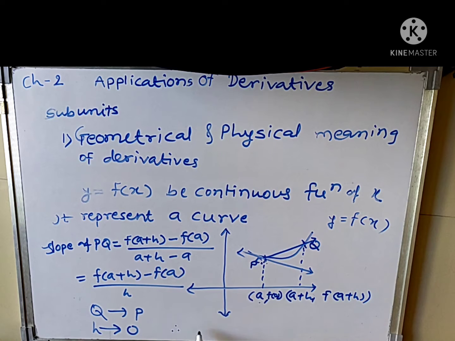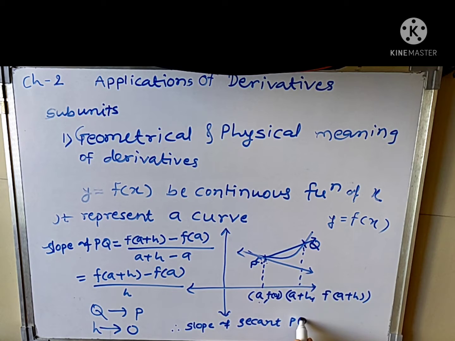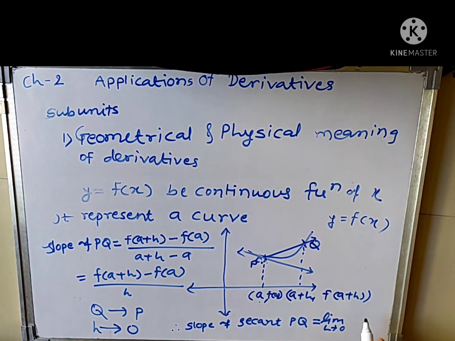Therefore, the slope of secant PQ is equal to the limit as h tends to 0 of f of a plus h minus f of a upon h.